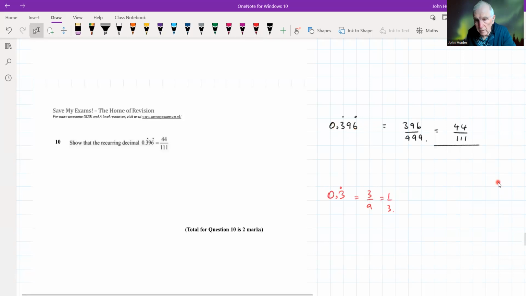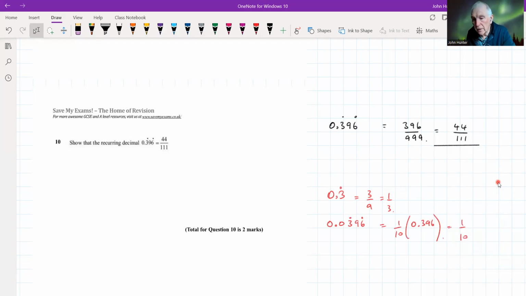So just by way of an example, if what we had was 0.0396 recurring, then we would have to express that as 1/10 of 0.396, which would be 1/10 of 396 over 999.